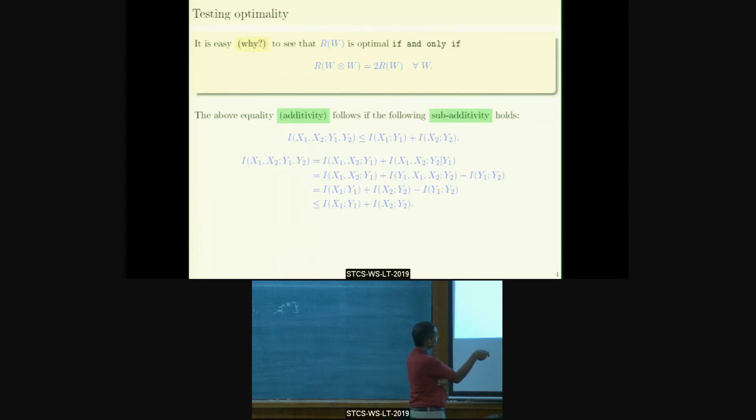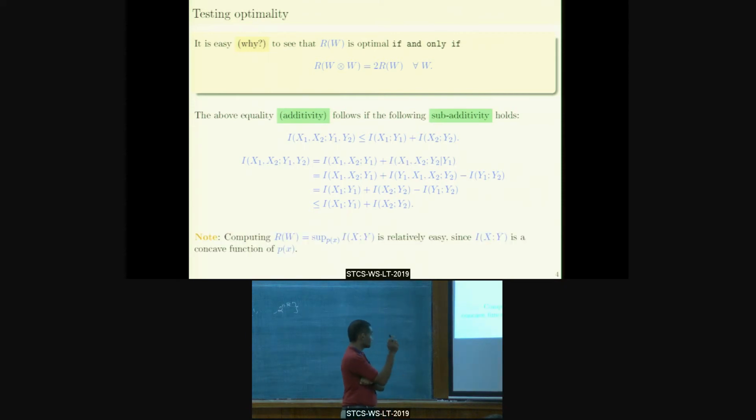So this becomes equality. That's data processing, essentially. And now I know that this is non-negative, so I can drop it to get an inequality. So clearly, the supremum on the left-hand side is less than the sum of suprema. Therefore, you get R of W tensor W is less than twice R of W. That's the proof of the optimality of random coding.